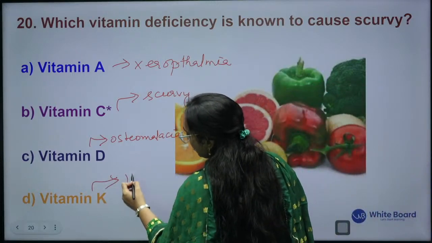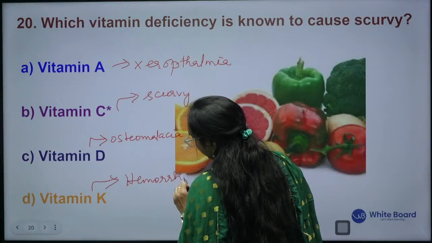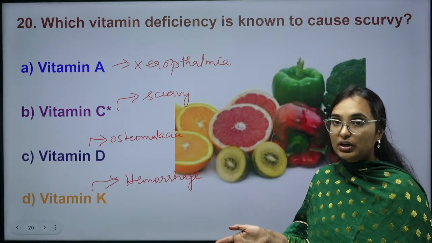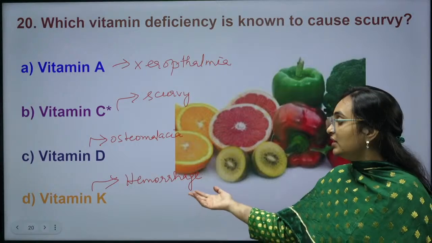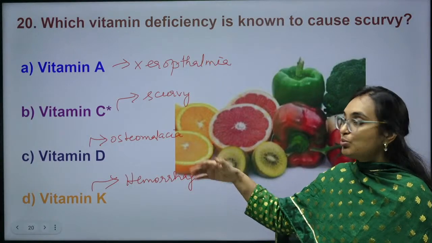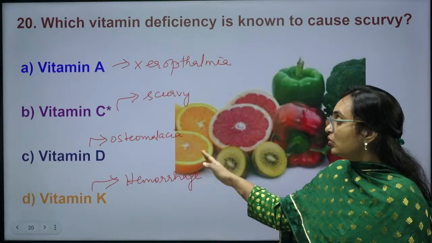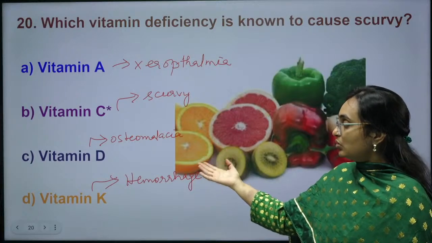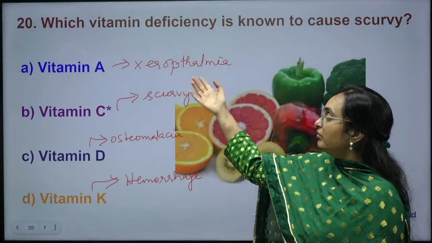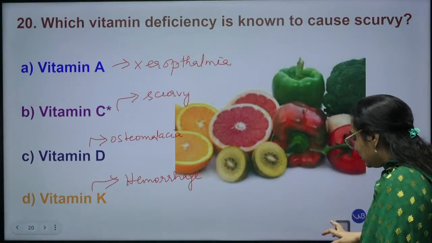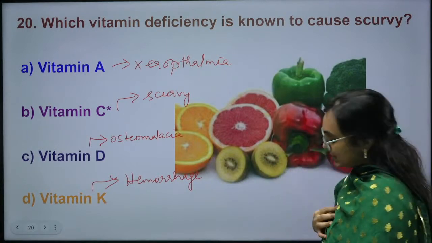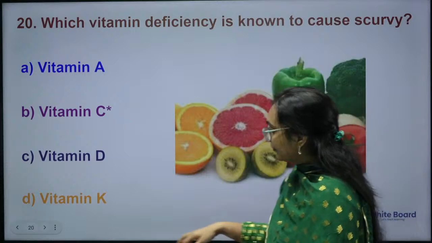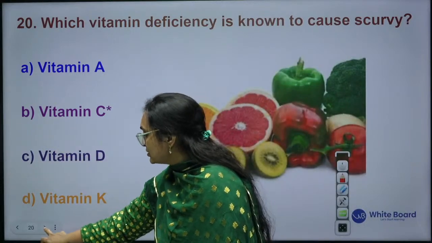Vitamin K deficiency causes hemorrhage. The function of vitamin K is coagulation, so if it is not there, it causes bleeding. Vitamin D is responsible for bone strength and formation, so bone-related problems come, called osteomalacia. Vitamin A deficiency causes vision-related problems. So, the answer is B, scurvy. Next question.